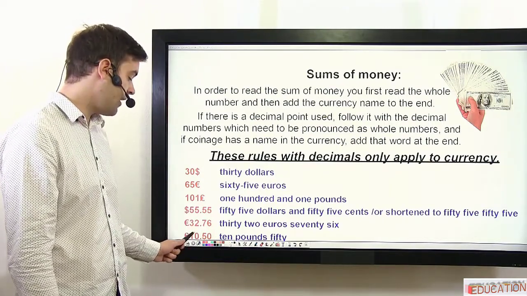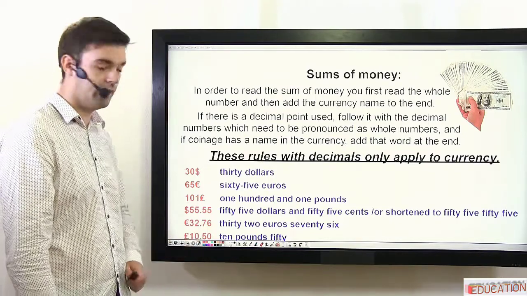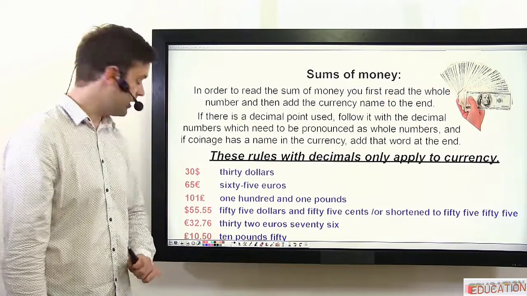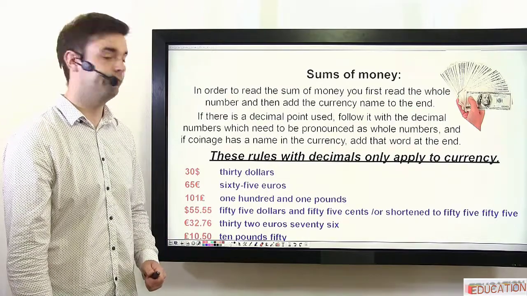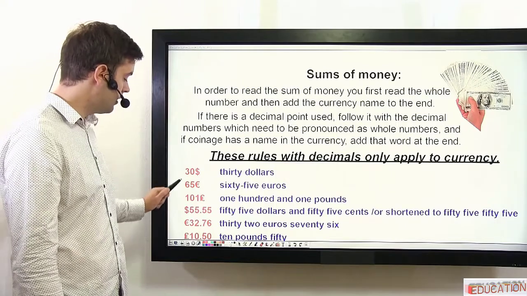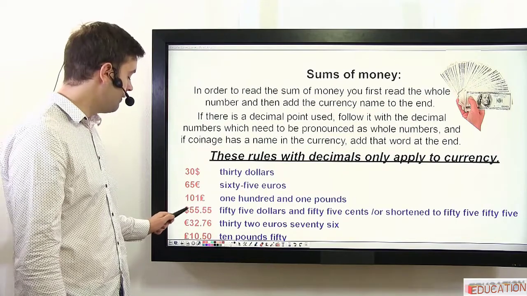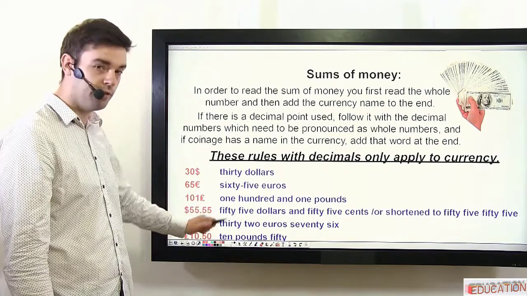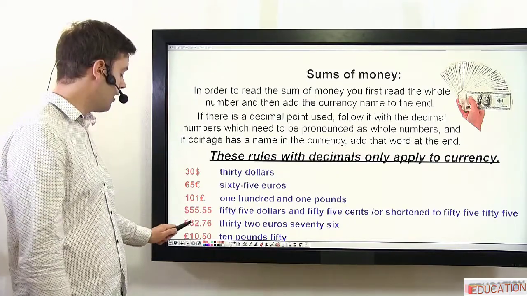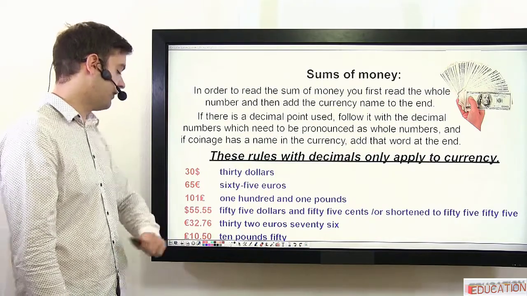Here we have £10.50. Or you can shorten it to 10.50. So we have $30, 65 euros, 101 pounds, $55 and 55 cents, $55.55, 32 euros 76, £10.50.